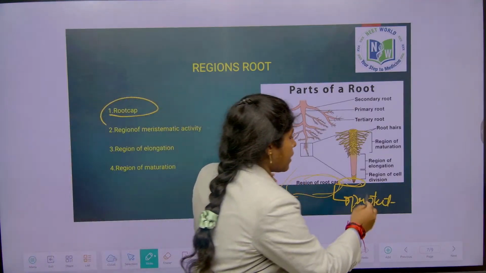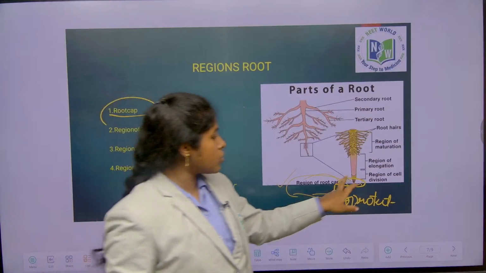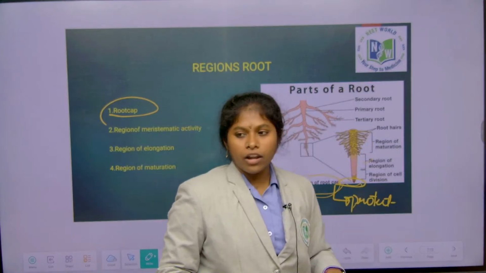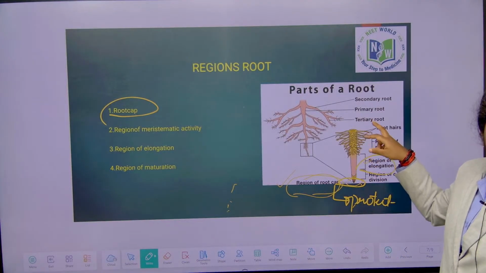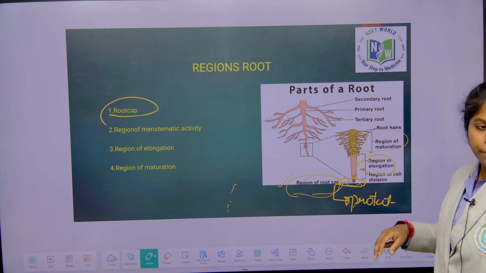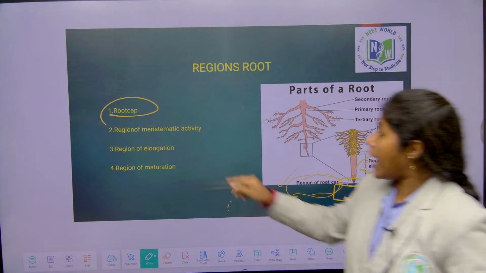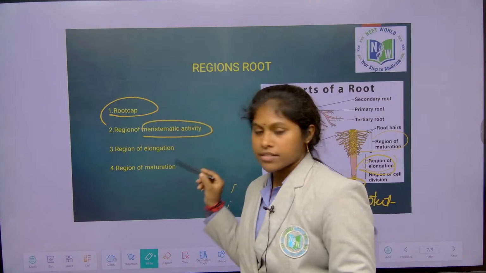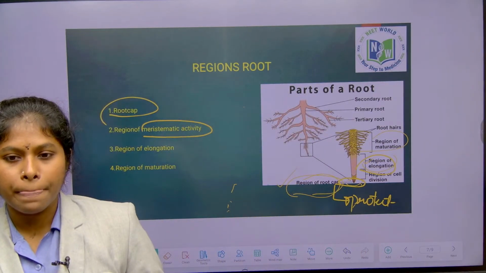So see, the root cap is very proximal, very near to the region of elongation, and this region of elongation is very proximal to the region of maturation. Coming to the next, the region of meristematic activity. What is meant by meristematic activity?